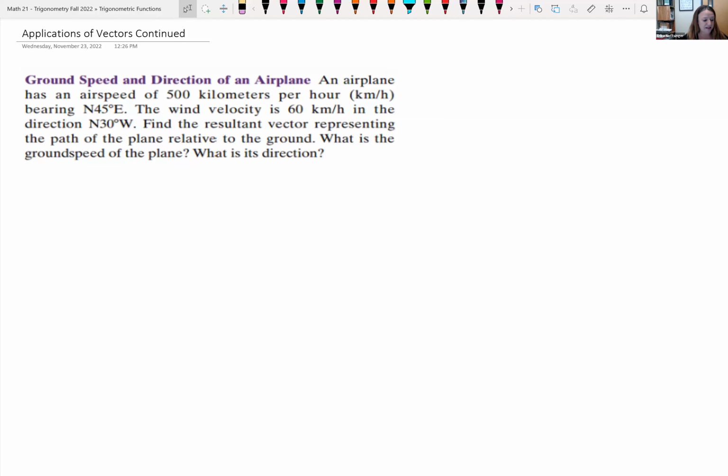So looking at this, we have an airspeed of 500 kilometers per hour at a bearing of north 45 degrees east. So let's graph that first. We know that we're going from the north and we're going towards the east, and we're going 45 degrees.